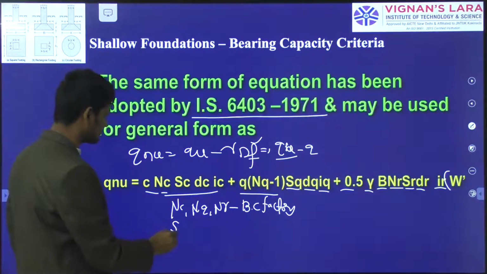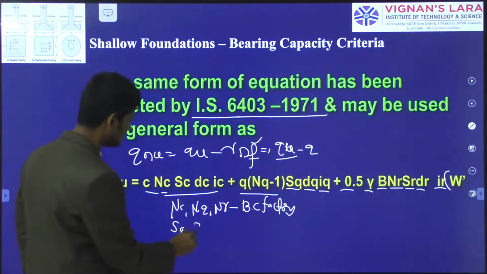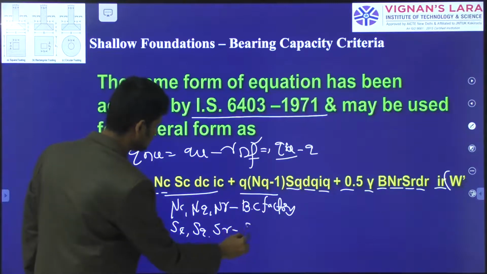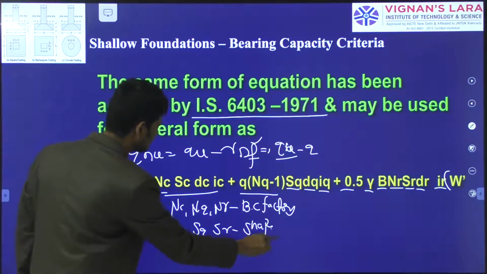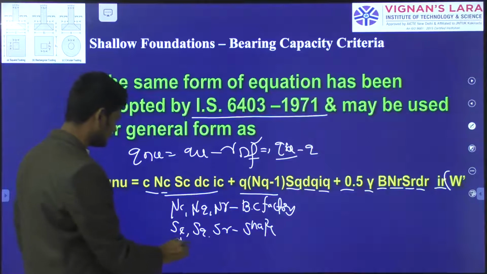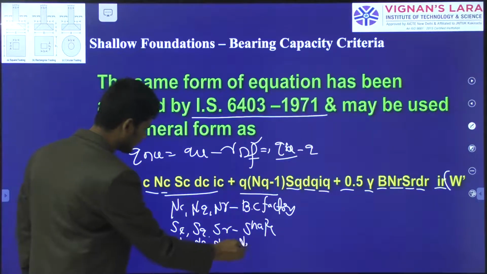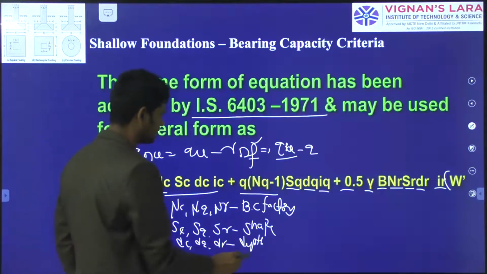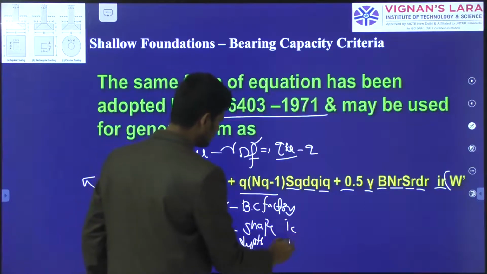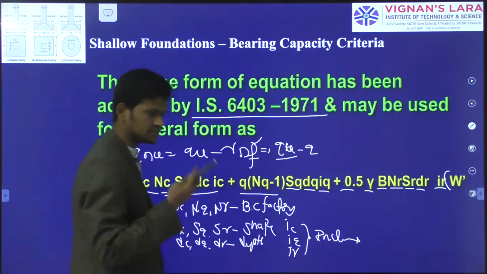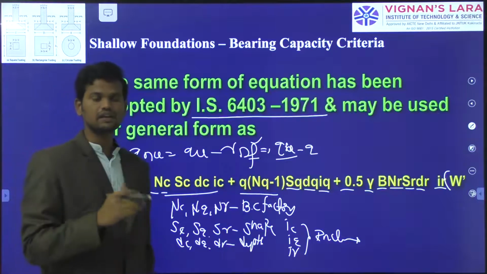Again, Sc, Sq and S gamma are the shape factors, Dc, Dq and D gamma are the depth factors, and Ic, Iq and I gamma are the inclination factors. The shape factors, inclination factors and depth factors are given in charts.